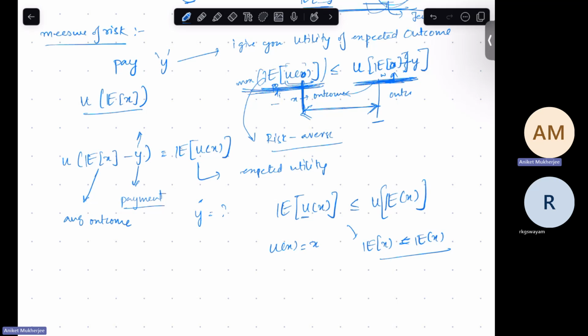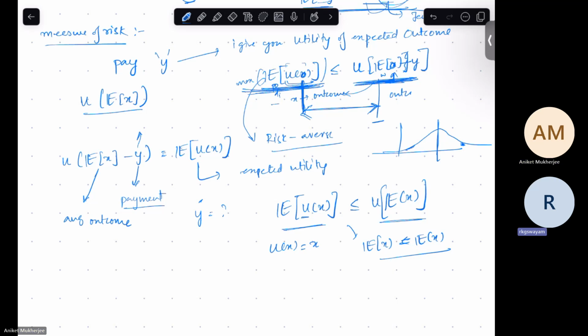So I'm decreasing because the probability distribution is such that you might lose with very high probability. So this utility function shows me how risky that is. If I'm very far away from it, it's very risky. If I'm very close to it, it's not that risky. Does that make sense?